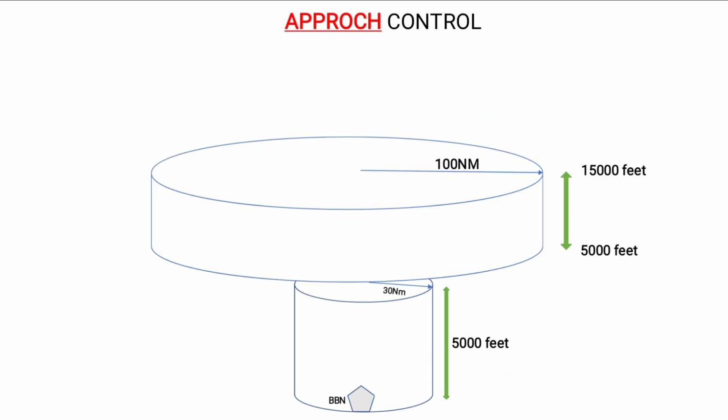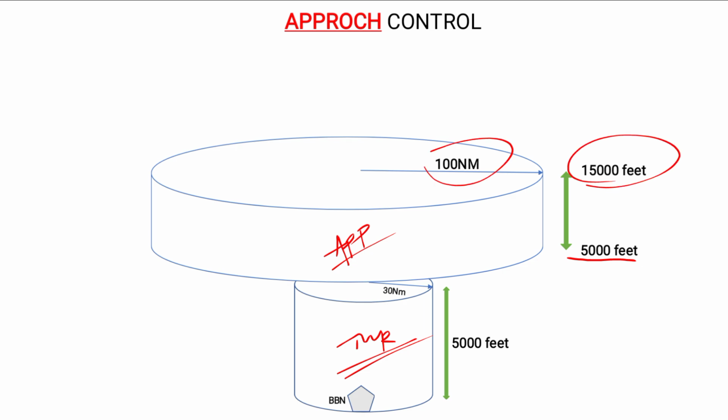Let us have a look at a three-dimensional view. As we have seen, this is TAR's airspace, from the runway till 5,000 feet and horizontally 30 nautical miles. In the same way, as the TAR airspace terminates at 5,000, the approach airspace will begin at 5,000 and the upper limit is 15,000 feet, and horizontally it is 100 nautical miles.